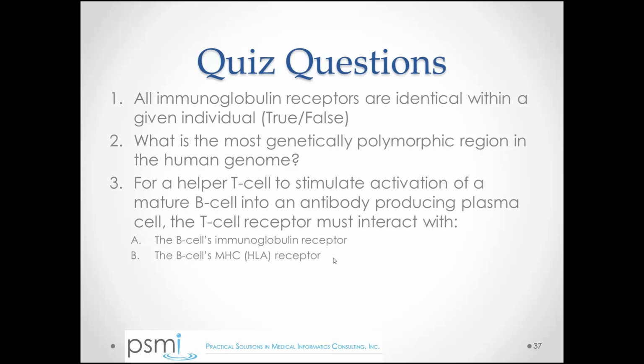HLA receptor, very good. The T cell only recognizes a foreign protein when the foreign protein is presented to the T cell in the context of a familiar HLA receptor. Okay? All right, good.